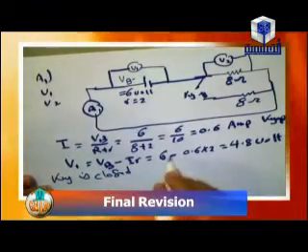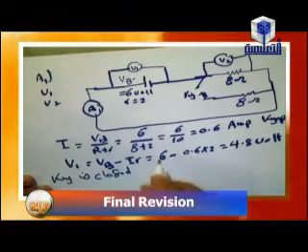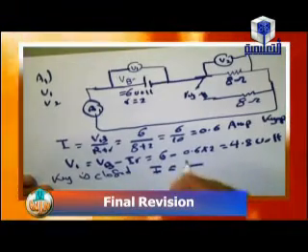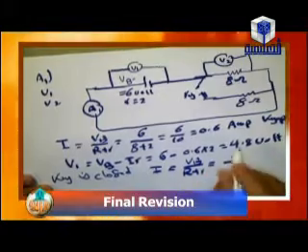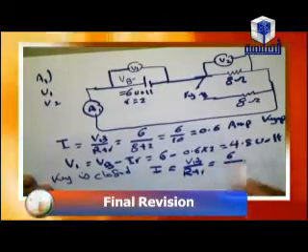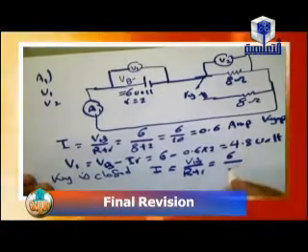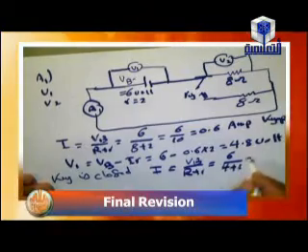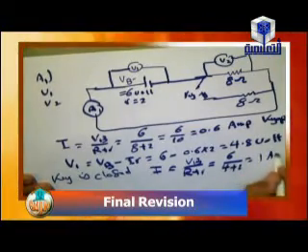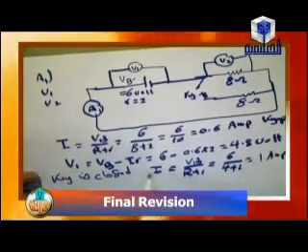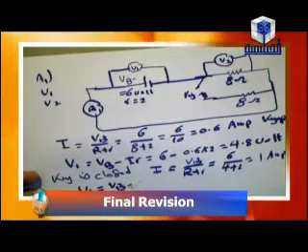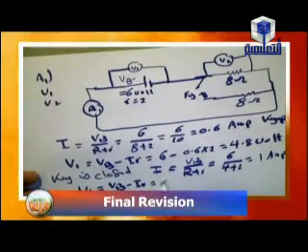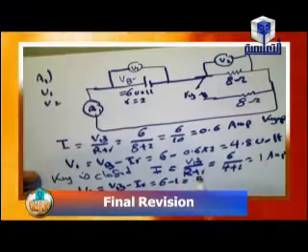I equals VB over R plus r, equals 6 over the total resistance, 4 plus 2, equals 1 ampere. Then V1 equals VB minus Ir, equals 6 minus 1, equals 5 volt.